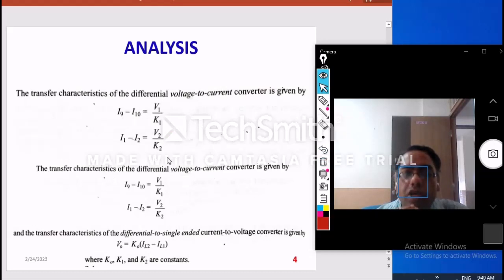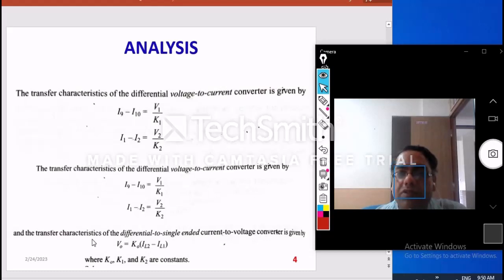K1 and K2 are the conversion constants, just constants. Similarly, for the differential voltage to current converters, we can write I9 minus I10 equals V1 by K1 and I1 minus I2 equals V2 by K2.